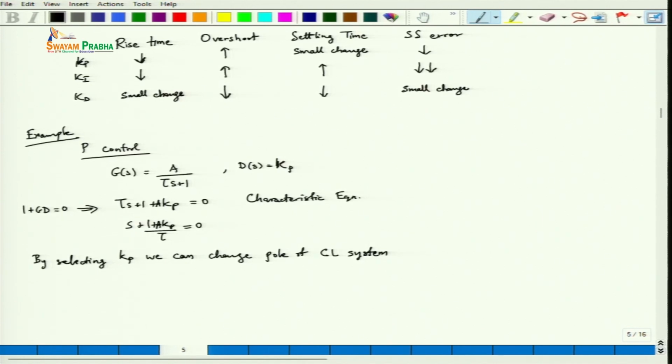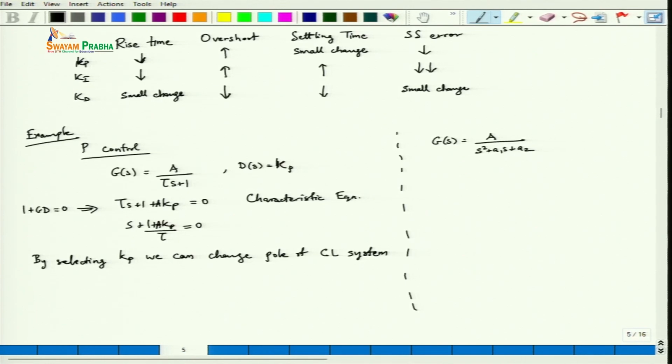Now let us consider an alternate case where we have the same proportional controller but a different system, A divided by S square plus A1 S plus A2. So this represents a second order system.